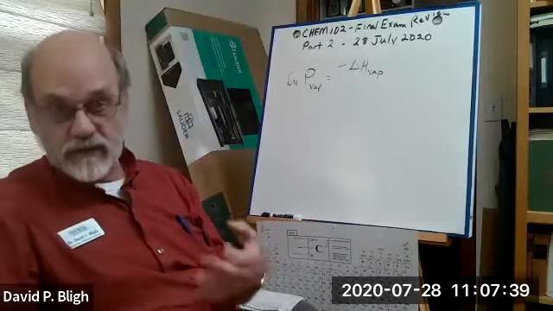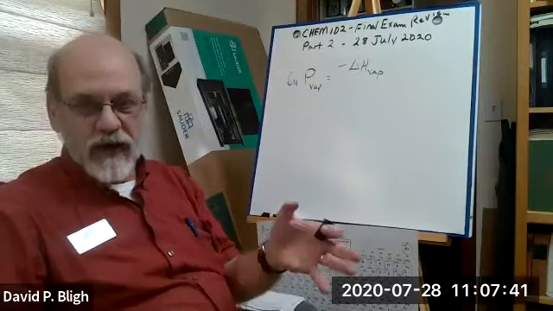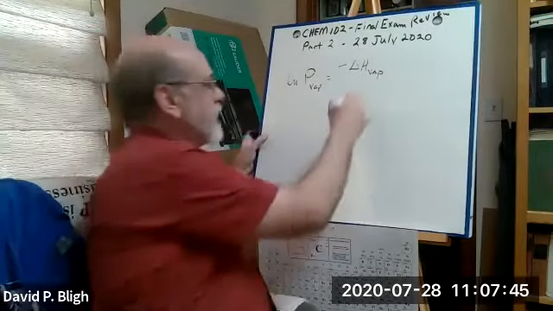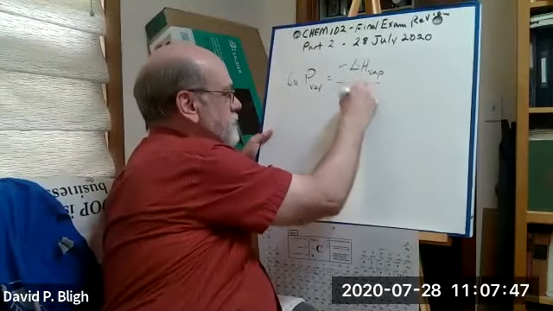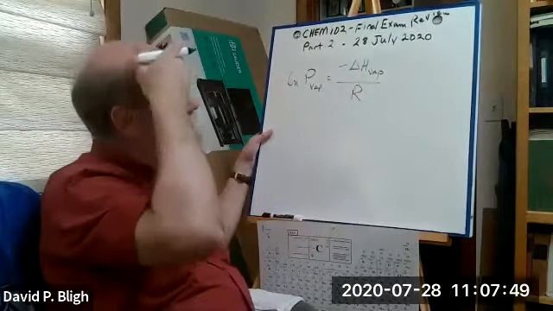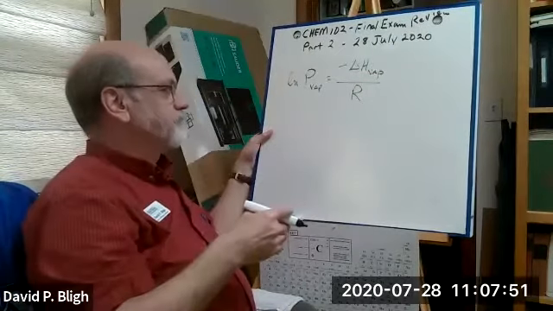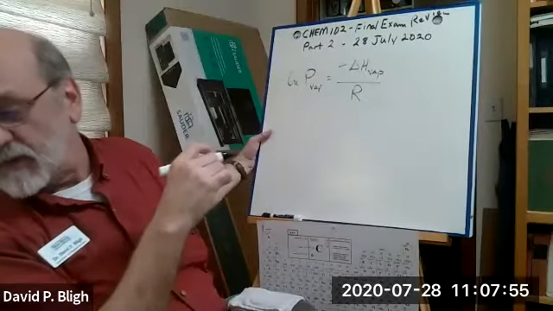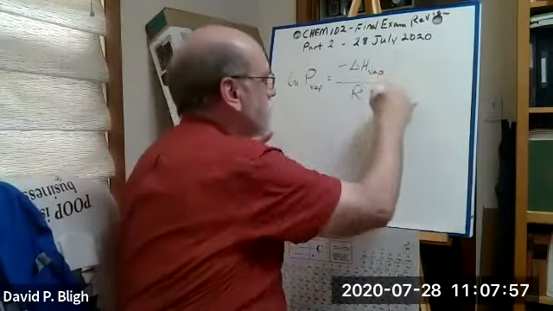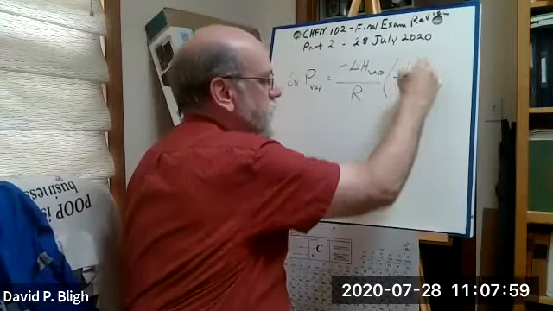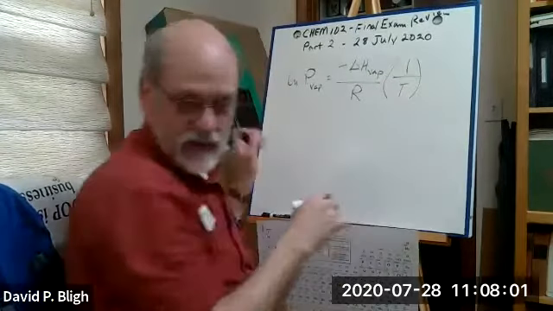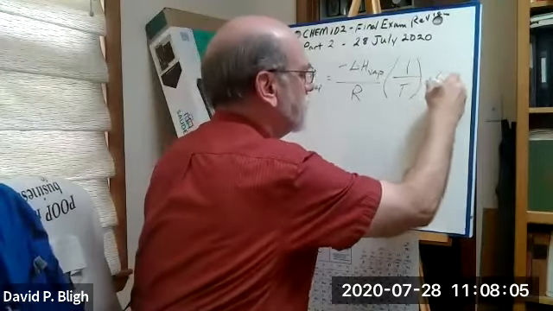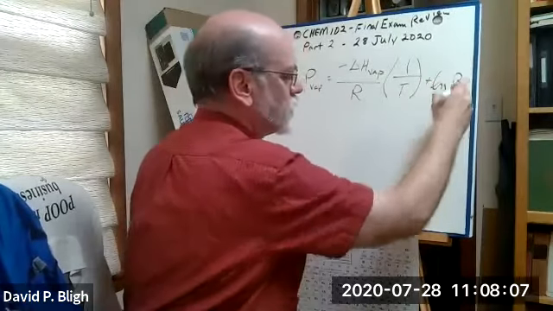How much heat is required per mole to vaporize the liquid into a gas? And then the universal gas constant, excuse me. And then times 1 over the Kelvin temperature. And then we have another factor out here that we're going to call beta.